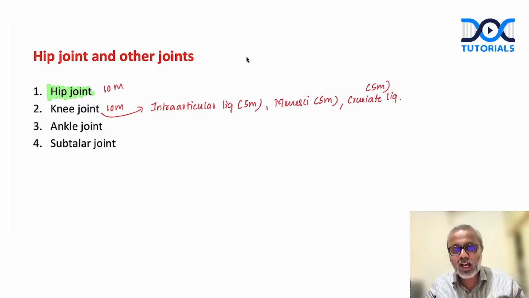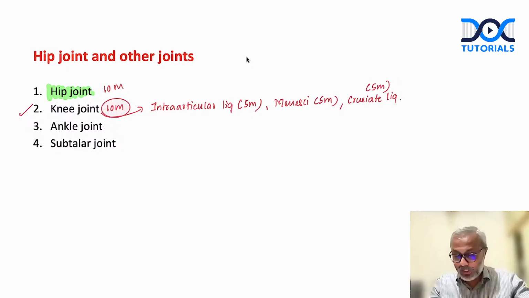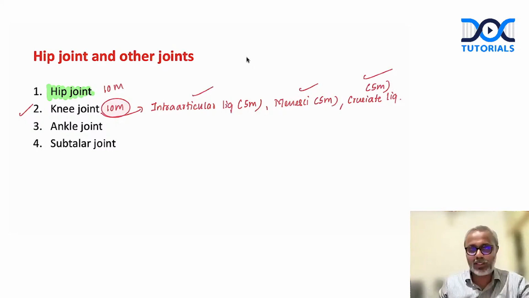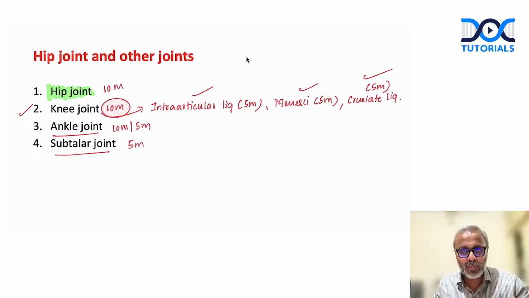So these are the sub-questions which can be asked from the topic of the knee joint. The knee joint itself is an important 10-marker within which we can get these 3 sub-questions. Then the ankle joint can be a potential 10-marker or more frequently a 5-marker question. The subtalar joint is often a 5-marker question.